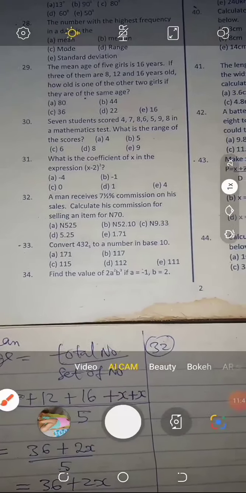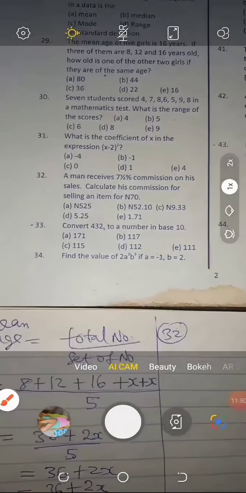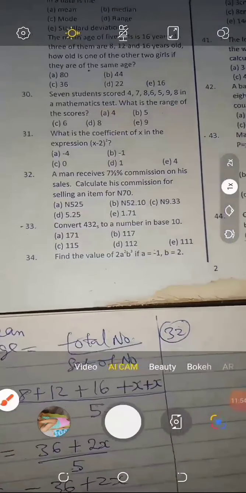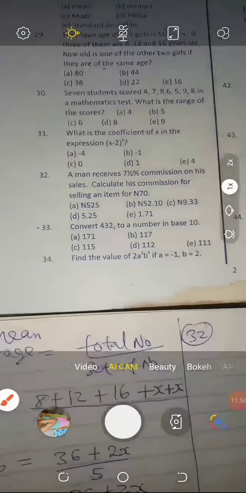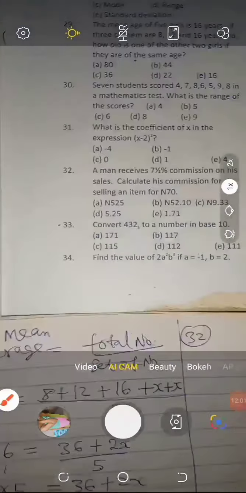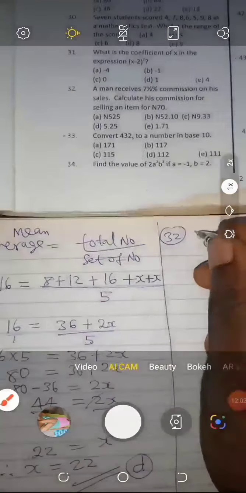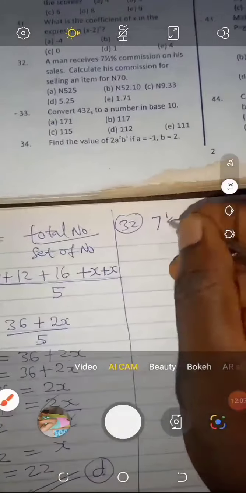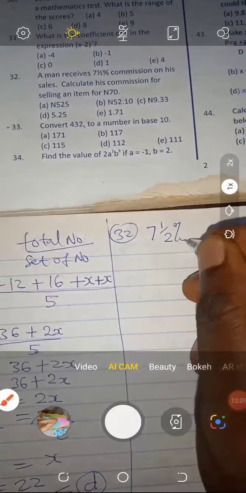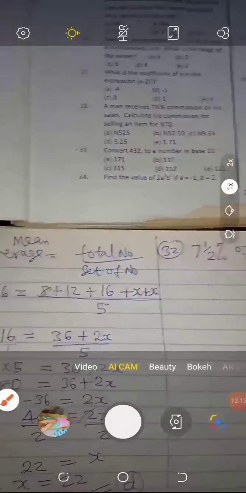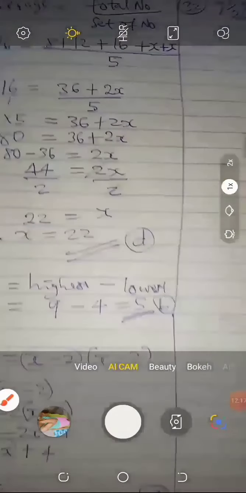So if they are going to pay the man 7.5% commission for selling any item, and he has been able to sell an item worth 70 naira, we just calculate 7.5% of 70 naira. That's just the calculation.